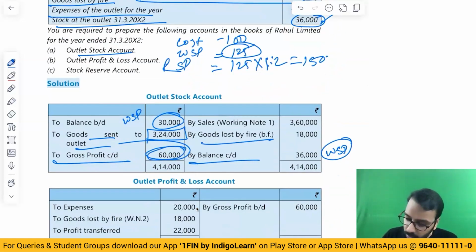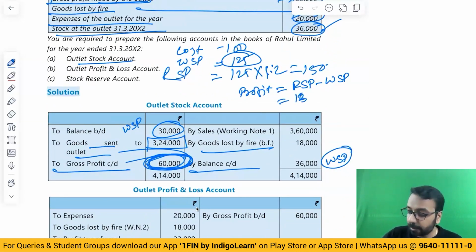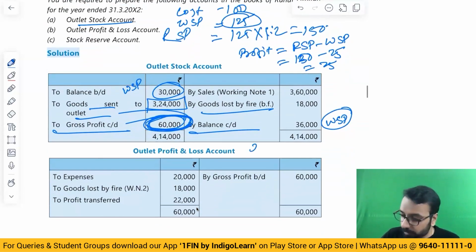If the gross profit is 60,000, so basically, what is the profit at branch? Profit for the branch is retail selling price minus wholesale selling price. That is 150 minus 125, that is 25. So if gross profit is 25, your retail selling price is 150.